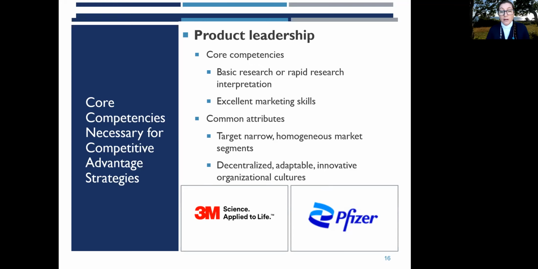Pfizer is currently regularly in the headlines for the coronavirus vaccine that they have developed with a high level of efficacy.